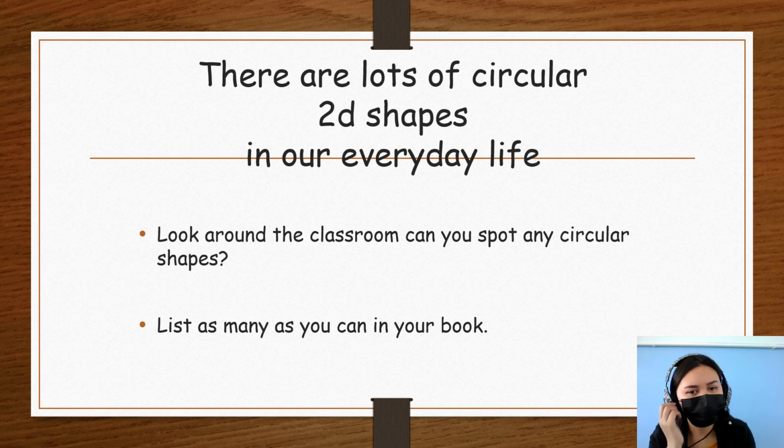There are lots of circular 2D shapes in our everyday life. Okay, if you look around, you can see a lot of 2D shapes. When you look around in the house, in the classroom, you can see shapes. Circle. Okay, let's see. Look around the classroom. Can you spot any circular shape?